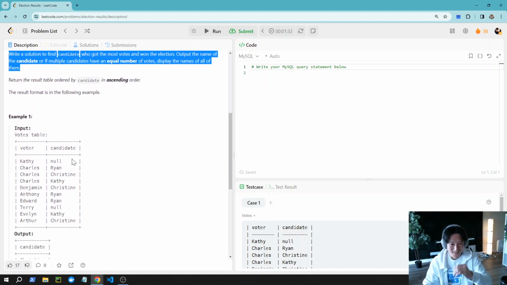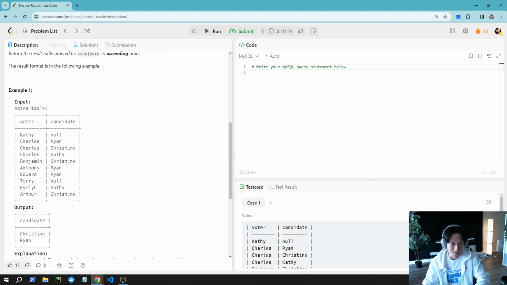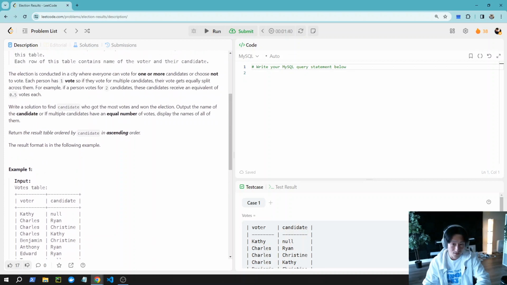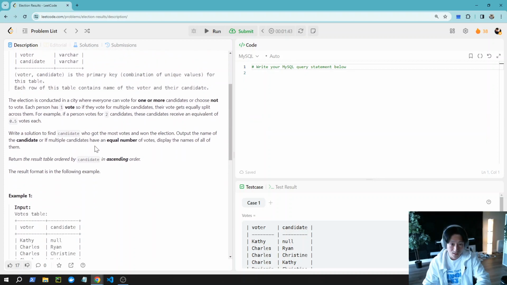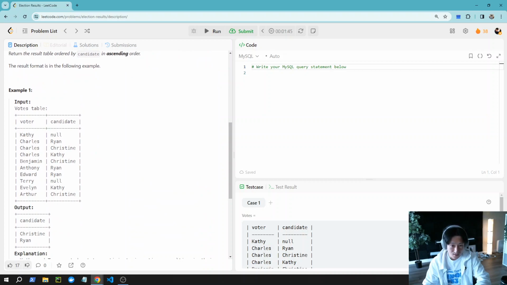So I'm gonna have the votes table. If you don't vote, you actually have null in the table. That's some kind of information I know, but I don't know how it's going to be useful.